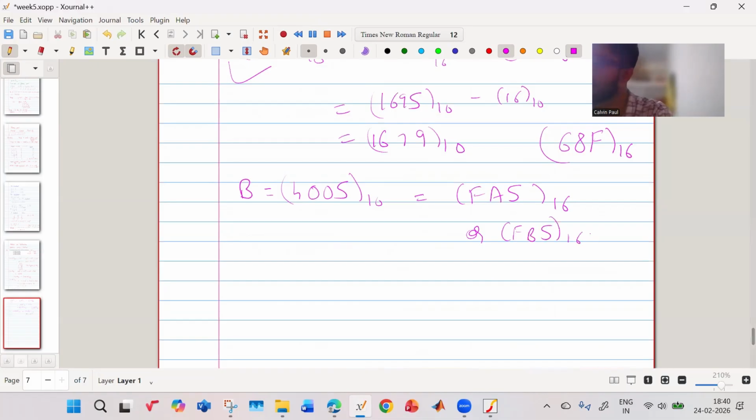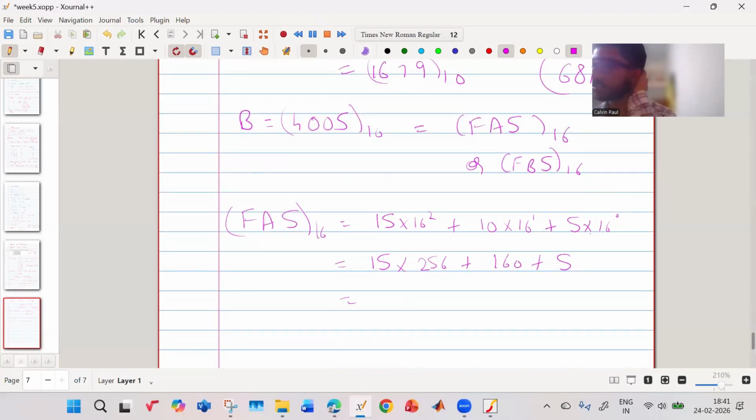So let us start with (FA5)16. You can write it as 15 into 16 squared plus 10 into 16 raised to 1 plus 5 into 16 raised to 0. That is 15 into 256 plus 160 plus 5.